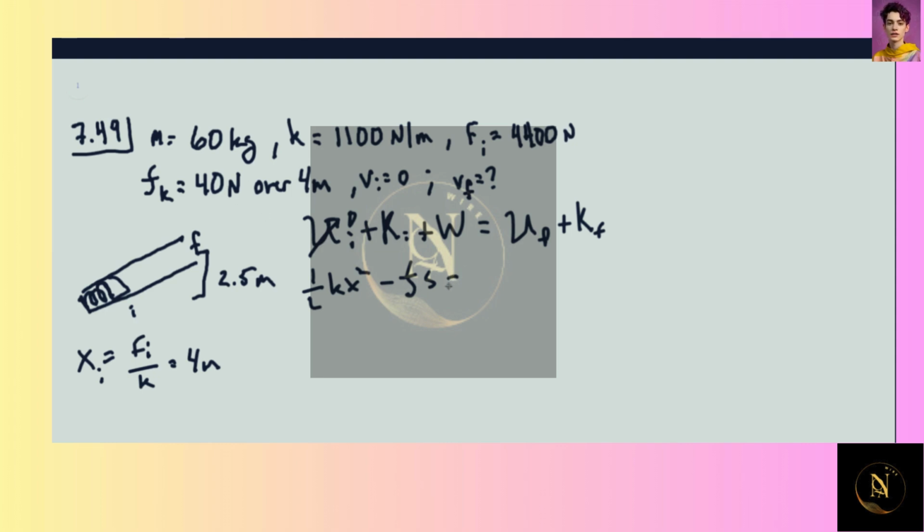Now this has to be equal to the potential energy, which is mg times y final. That'll be our 2.5 meters. Plus 1/2 m v final squared, which is what we don't need to know yet.